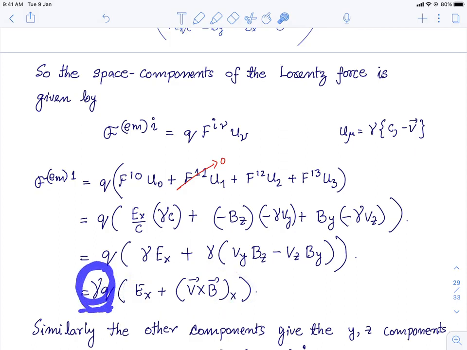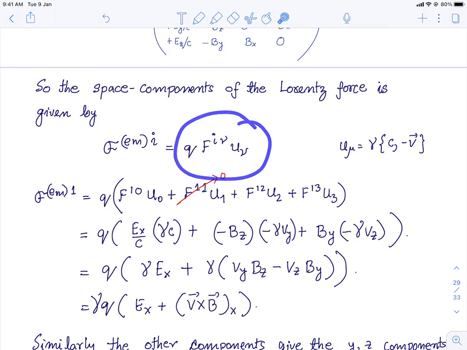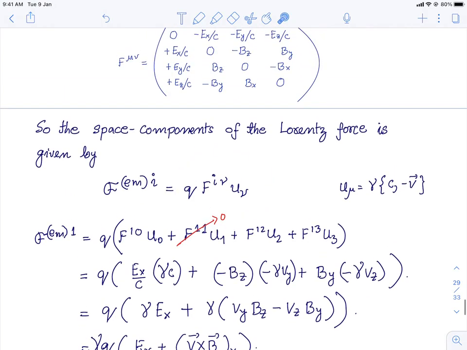This covariant expression has this additional gamma factor, which you never had in the Lorentz force formula. This just comes because you're trying to write this covariantly, and therefore the covariant expression has this additional gamma factor, because the velocity has this gamma factor built in.